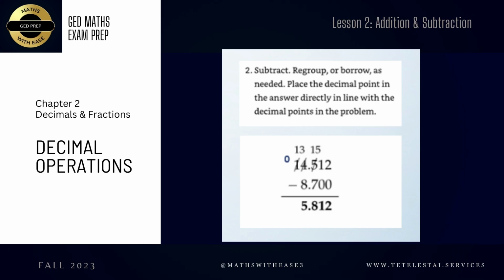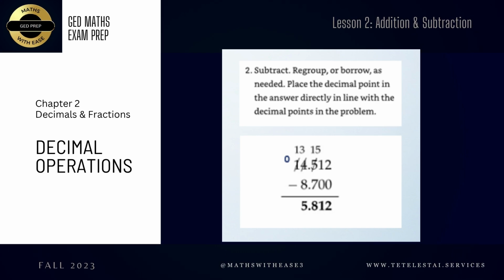And then over to the tenths column, 5 is less than 7. So we need to borrow a 1 from the 1 column. And since we're borrowing a 1 from 4, we need to put a line through 4 to remind us that we're borrowing a 1, and then we're going to regroup that 1 over to the tenths column, and now we have 15.